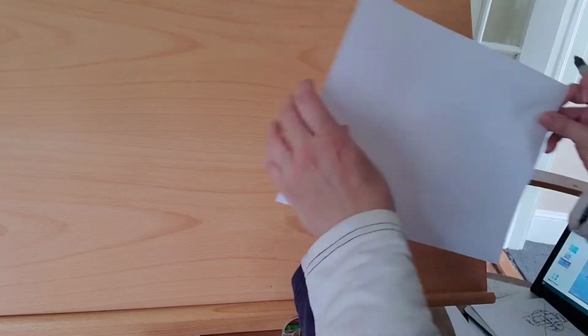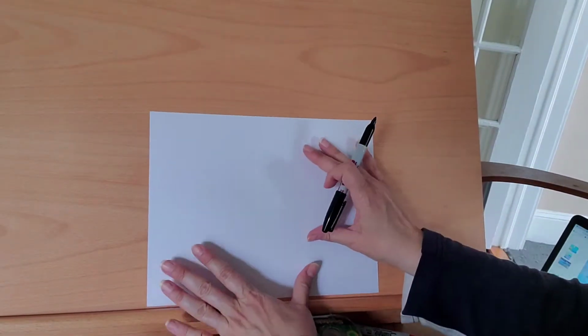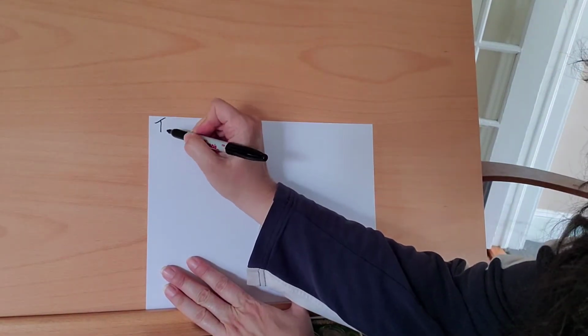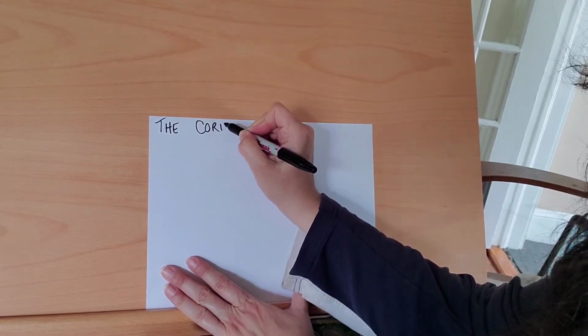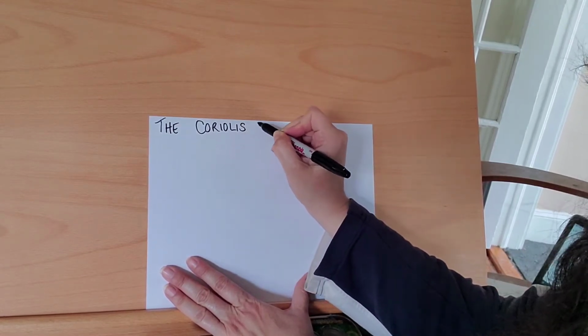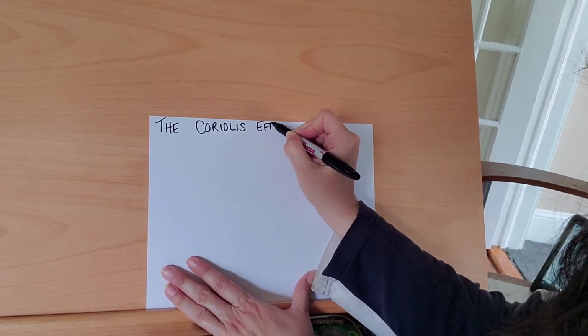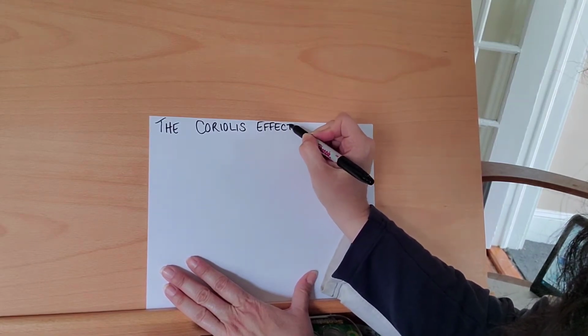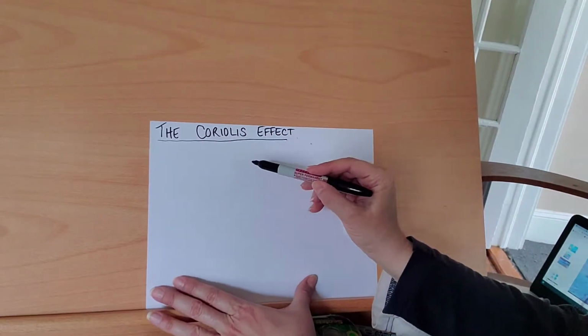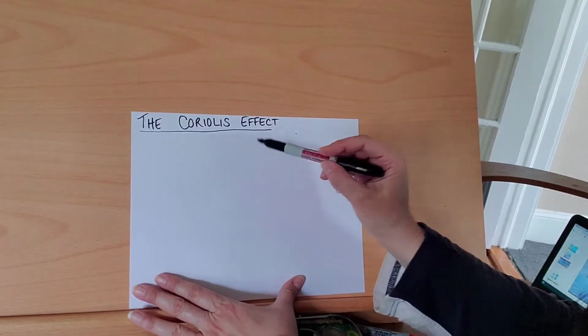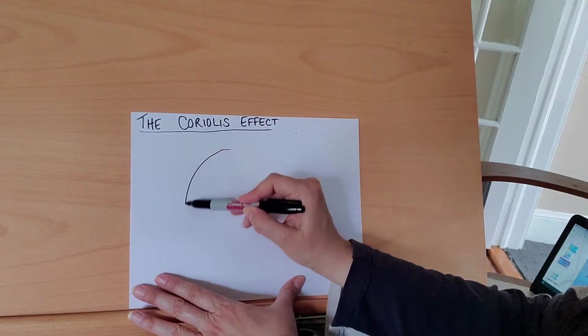Let's draw another picture, shall we? Let's draw what really happens. And I want you to write the Coriolis effect on your notes. I'm going to attach a picture from my notes into your Google Classroom today, just so that you understand this a little bit better. Draw yourself another Earth.